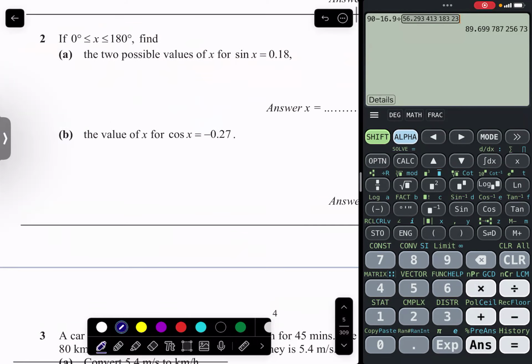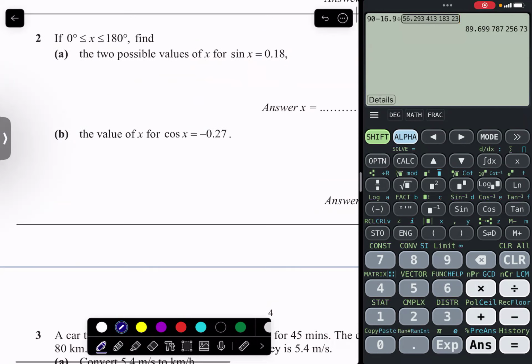Okay, if x is more than 0 and less than 180, find two possible values of x for sine x equals 0.18. To solve for x, first we need to take the inverse sine of 0.18. When we do that, we get 10.369.